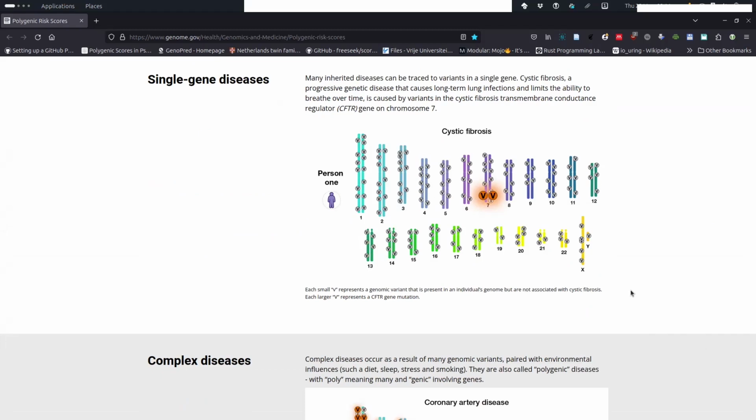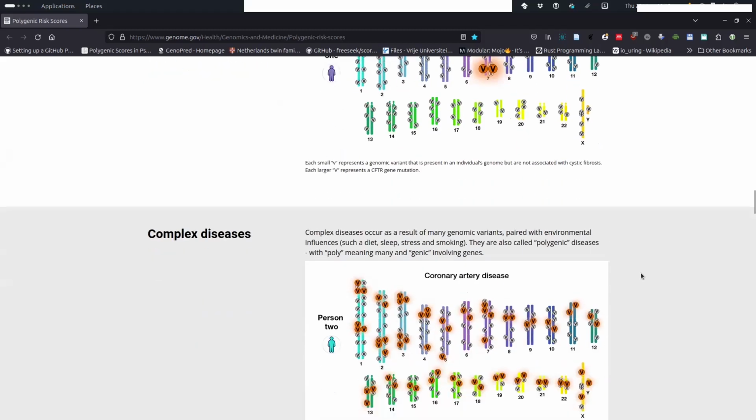So variations in a single gene, and one example is cystic fibrosis, where there are variations that cause mutations at the protein level of this gene, the transmembrane conductance regulator gene or protein. So this is not polygenic. This is monogenic, so to say, single gene.